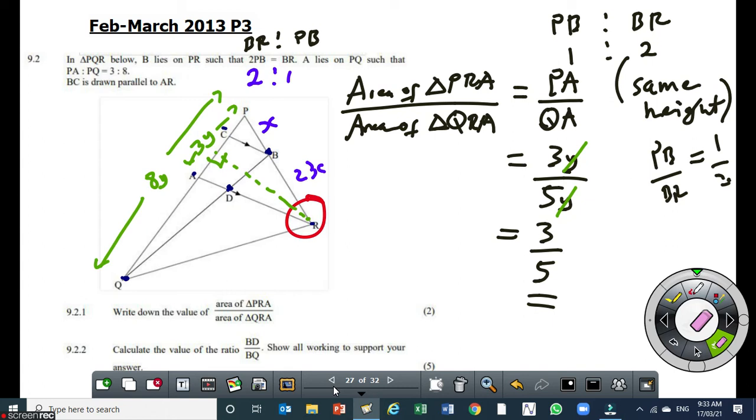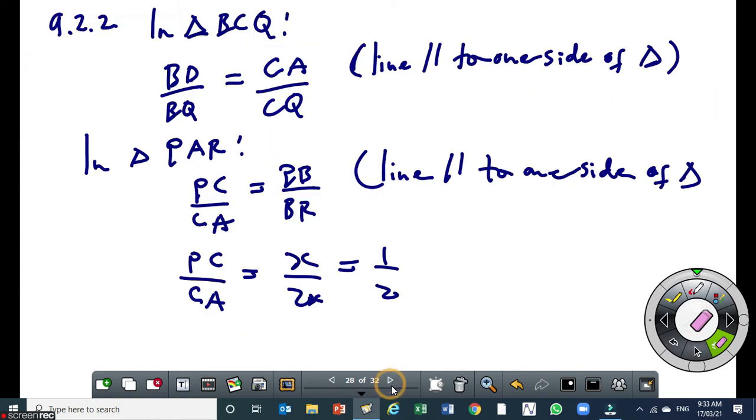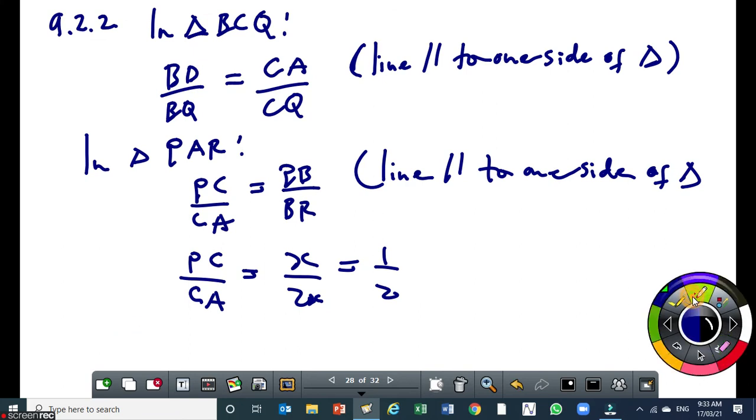It will be 2y, because PC is half of CA. Therefore CA is going to be equal to... now you can do it this way. You can multiply 2 over 3 by 3y, and the answer there will be 2y.